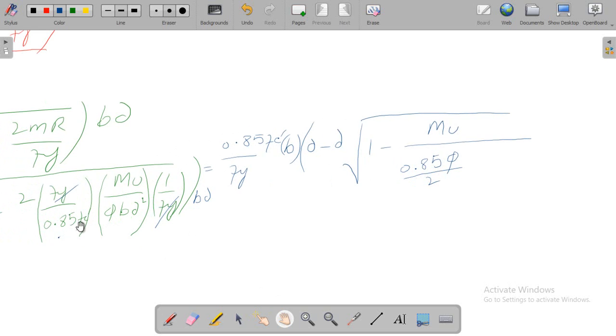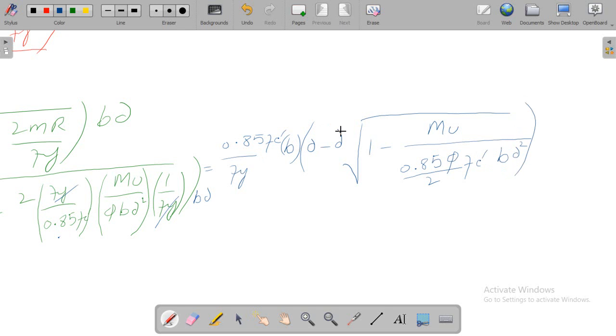We have 0.85, okay, so all the values are right. So here we have fc prime into b, right? So next we have this d square value, so d square right here, okay.